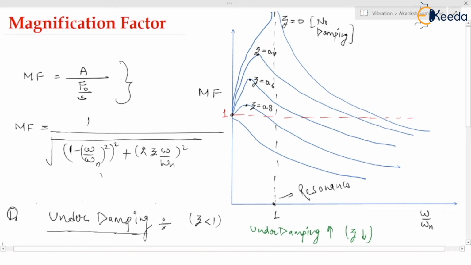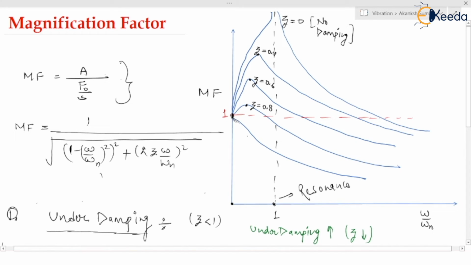So, whenever the value of omega by omega n is 0, at this 0 value the magnification factor is equal to 1 at this position. Okay, so this is the overdamping or critical damping condition.